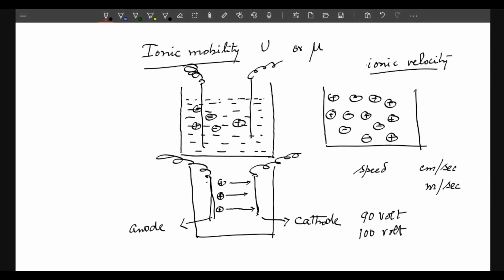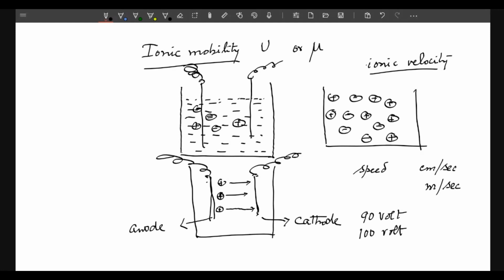Whether it remains the same, increases or decreases, it increases because the attractive force is increased. Therefore, the speed keeps on increasing. So what do you mean by this? The speed of an ion in an applied potential is potential dependent.